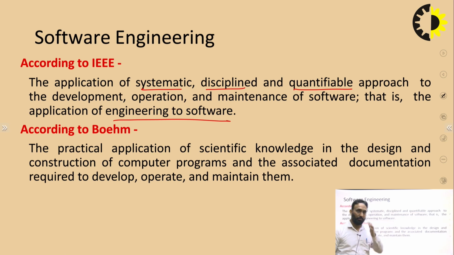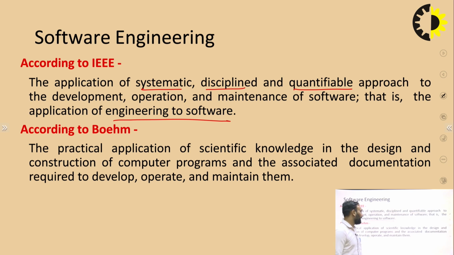In simple terms, if we are going to develop any product, it should be done in a systematic manner, with a well disciplined and quantifiable approach to the development, operation and maintenance of software. That is the definition specifically given by IEEE relevant to software engineering.